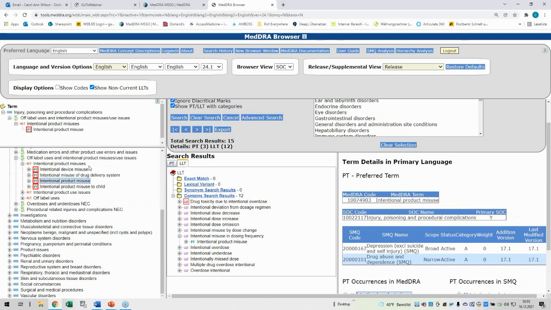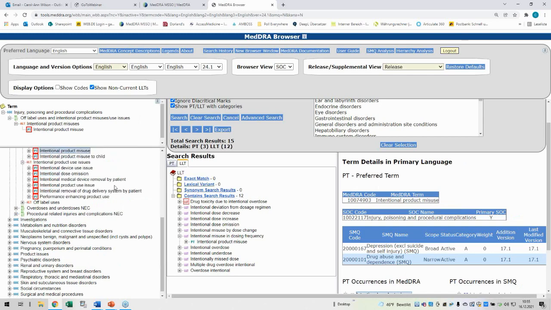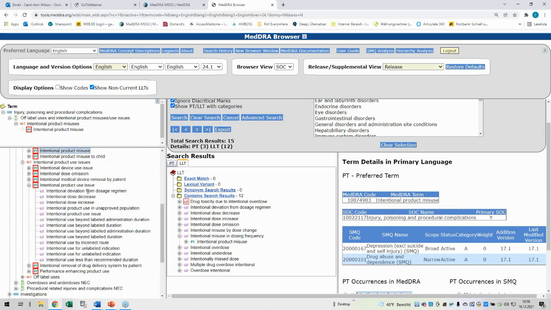The patient made this decision for his own convenience. It was not a misuse. So it was an intentional product use issue. And here we find under intentional product use issue, we find intentional deviation from dosage regimen. So this would best represent our verbatim, either the intentional dose omission or the intentional deviation from dosage regimen.